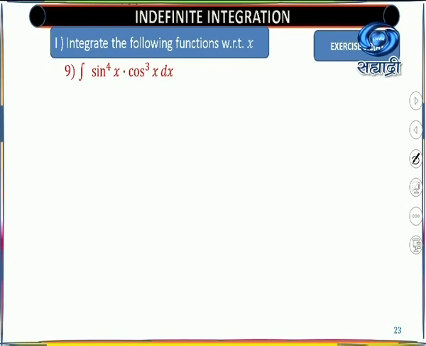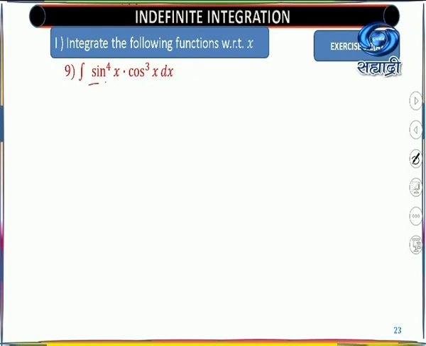Now here is the combination of both the trigonometric ratios, and they are derivatives of each other. That is the main thing. Now if you replace sin square by 1 minus cos square, or cos square as 1 minus sin square, here we'll start thinking which power is important.